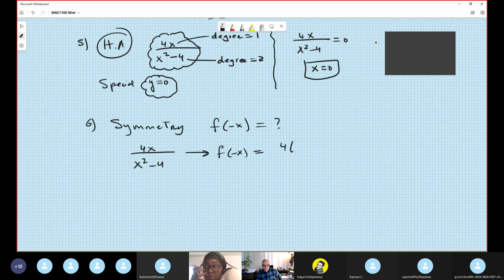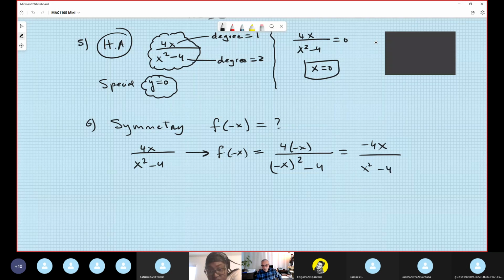We have 4 times negative x divided by negative x squared minus 4. Negative x times 4 is negative 4x divided by x squared minus 4, because an even exponent is positive regardless of whether the quantity inside the parentheses is positive or negative.